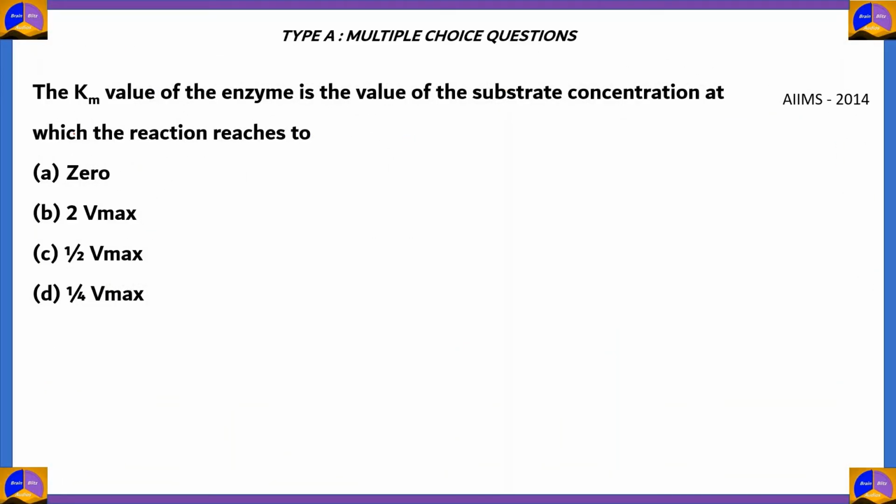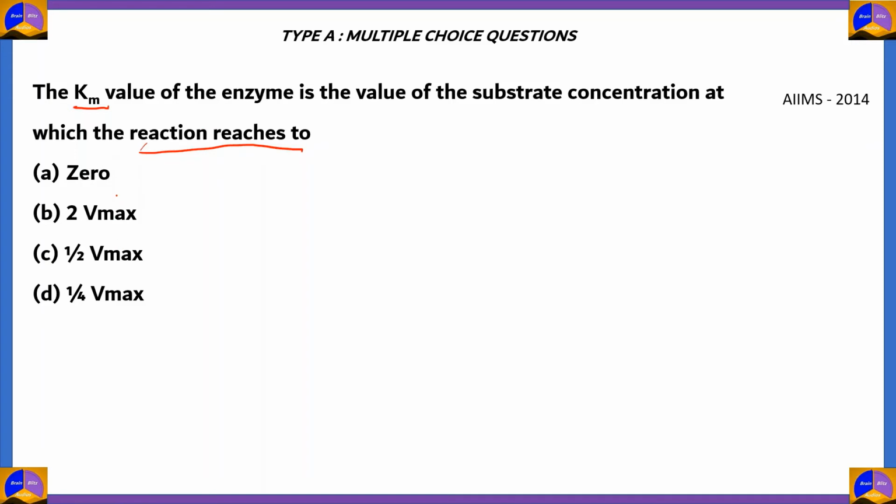Next question. The Km value of the enzyme is the value of the substrate concentration at which the reaction reaches: 0, 2 Vmax, half Vmax, 1/4 Vmax. So this is basically a definition question. So if we know the definition of Km, which is the Michaelis constant, we would know which is the substrate concentration where the reaction reaches that value.